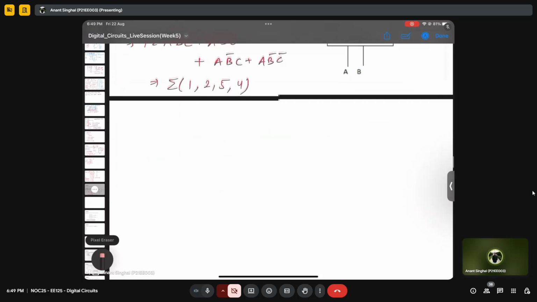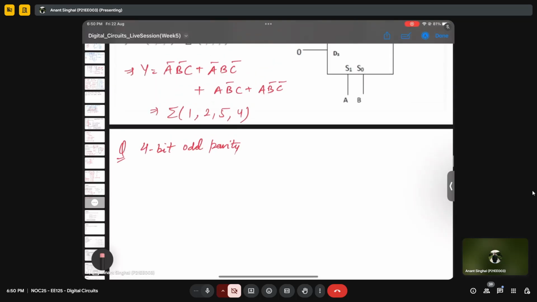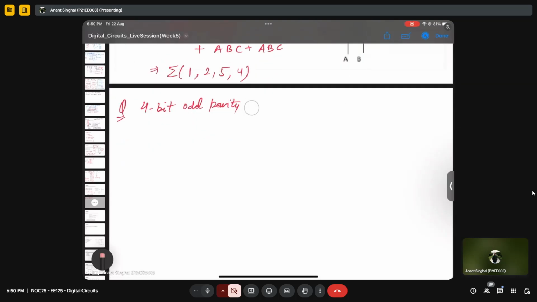Well, let's do the next problem quickly. So the question is basically: design a 4-bit odd parity generator. Sorry for this, I don't know what is wrong with the pen.